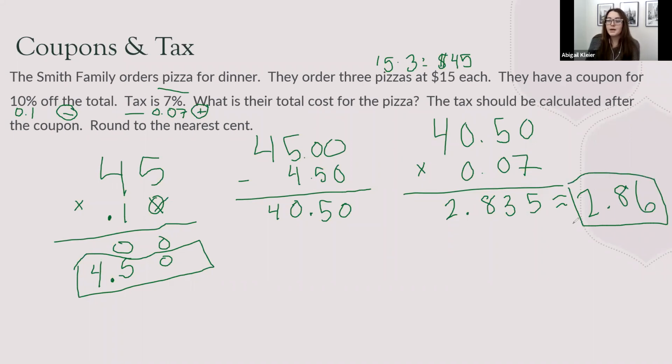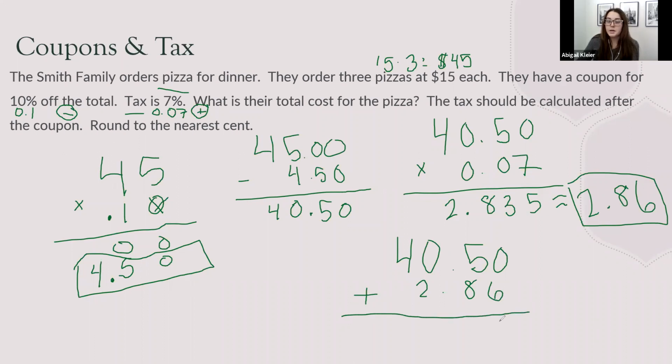Okay, so what is this 2.86 number? What does that represent? That represents the amount of tax on this bill of $40.50. So when we're dealing with tax, tax is something that needs to be added onto the total. So I take my total, $40.50. I'm going to add my tax, $2.86.